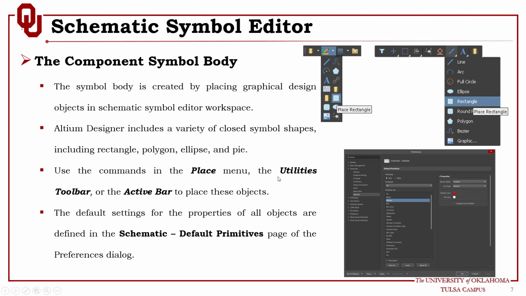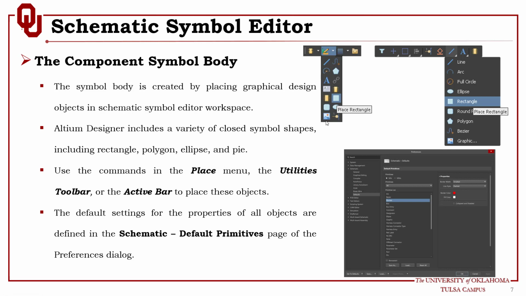Now the component part, or the drawing of the component, can be created by using drawing tools. So you have plenty of tools you can use to create a component. You have shapes, you have polygon, ellipse, pie, circle, you have text, and you can add an image to the component as well.